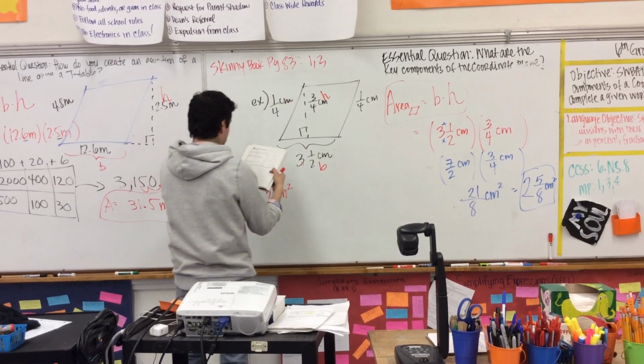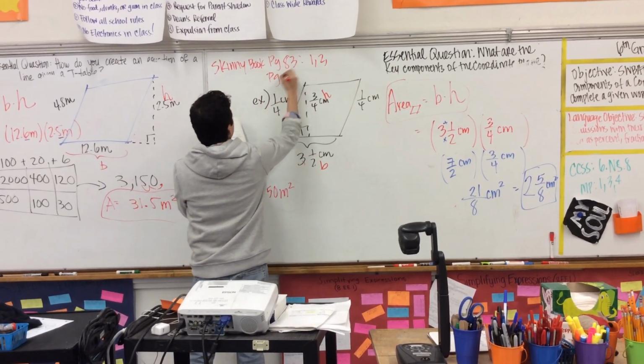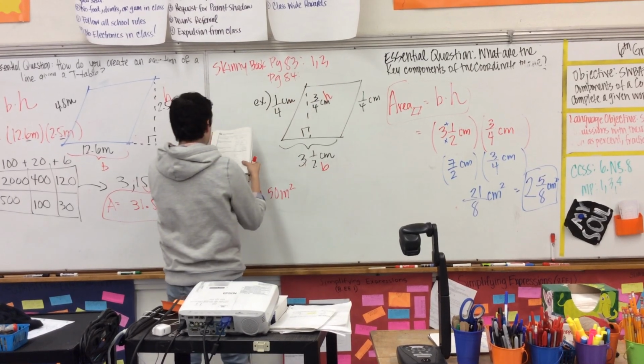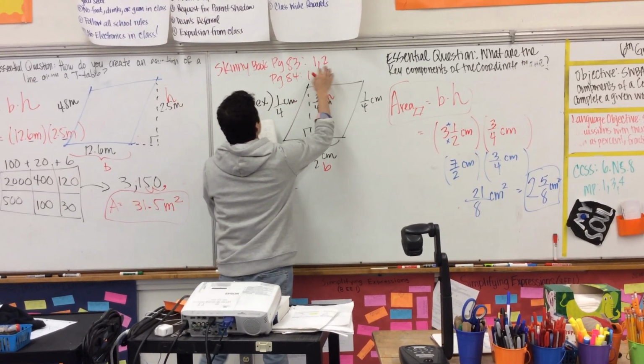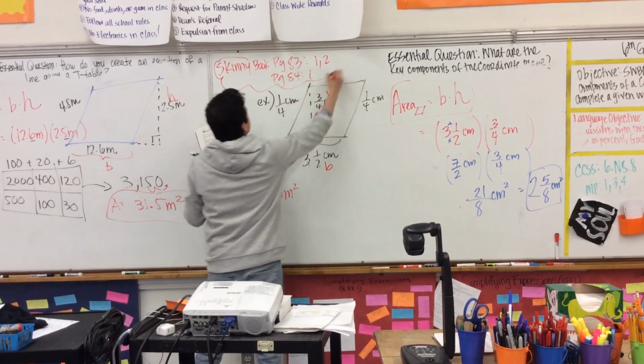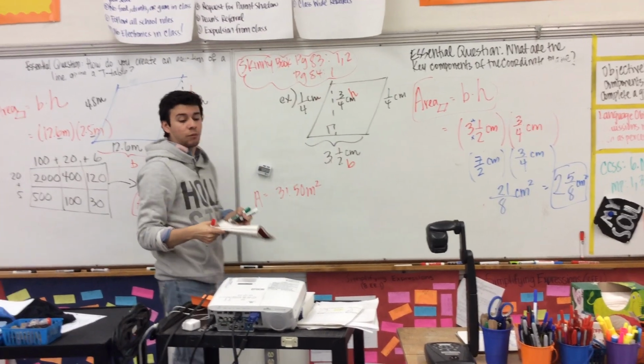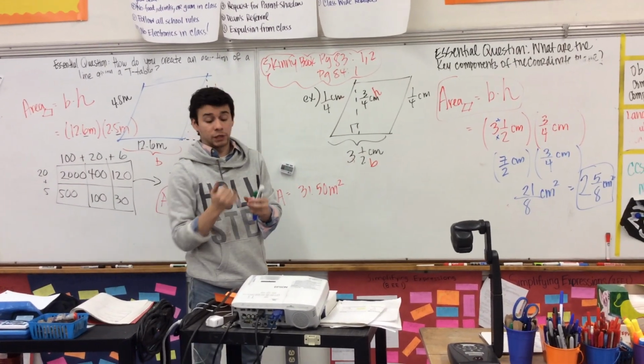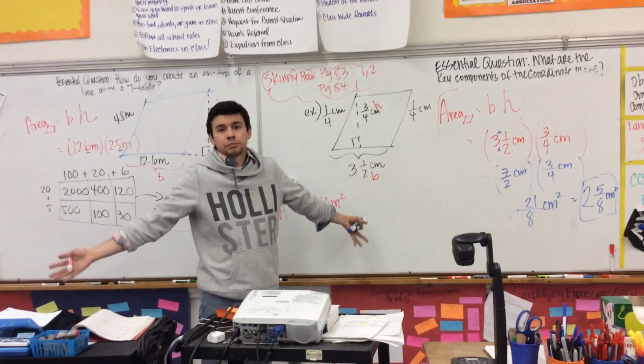And then page 84 on the skinny book, number 1. There you go. Try these out, and then I will check them when we come back from Christmas break. That's it. Parallelograms.